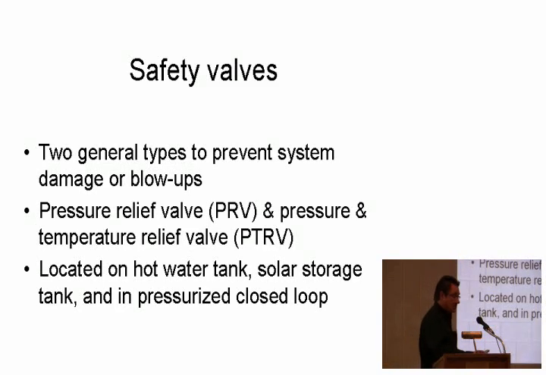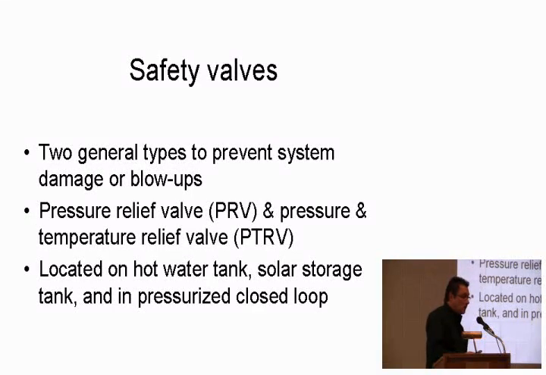To prevent problems in your system, there are some safety valves, because you can't compress fluids like you can compress air. When they expand, they have to have somewhere to go, or something's going to blow up or break. So commonly there's what's called the PRV in the industry, which is your pressure relief valve, which is a safety valve.